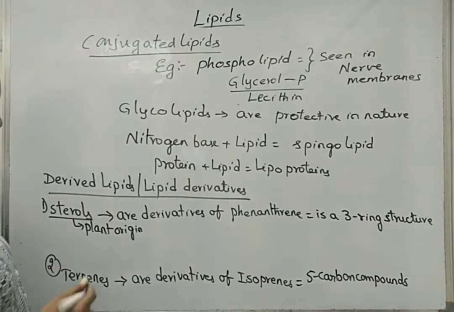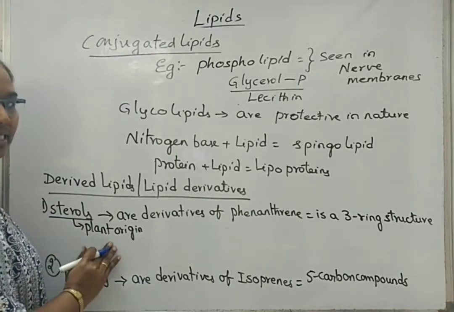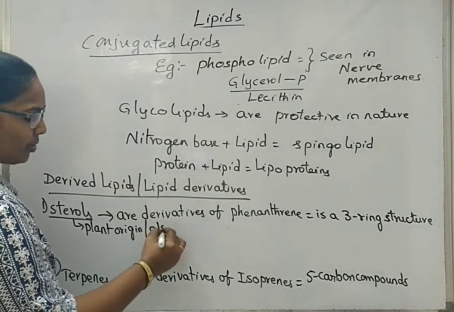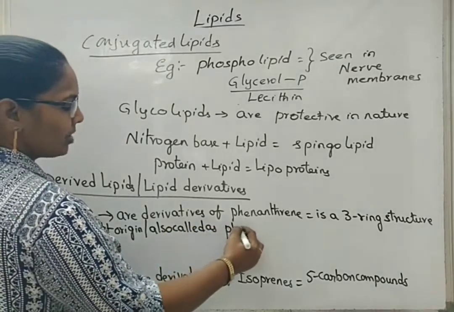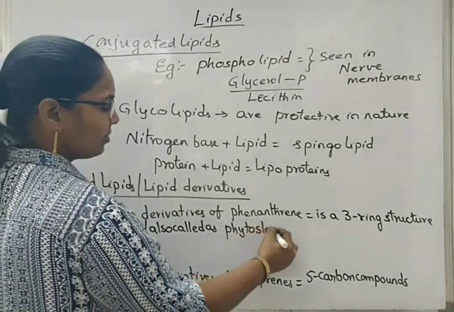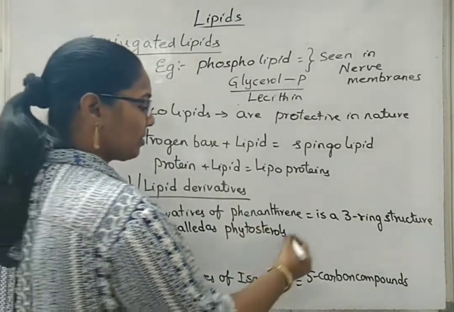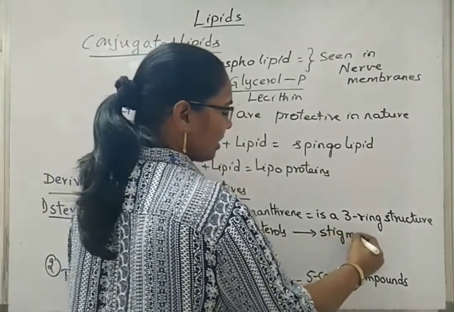Again, these are of different types like stigmasterol, sitosterol and cholesterol. Since these are of plant origin, they are also called phytosterols. Phytosterols are of two types. One is stigmasterol.